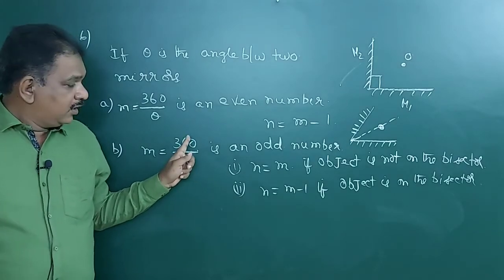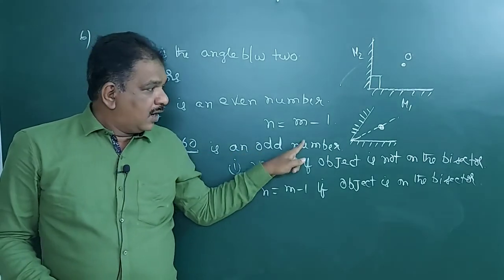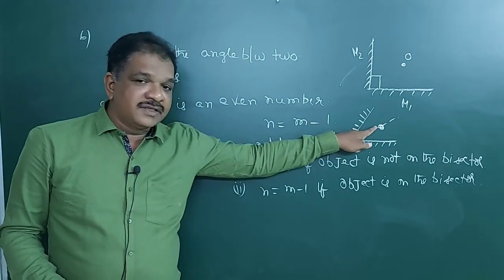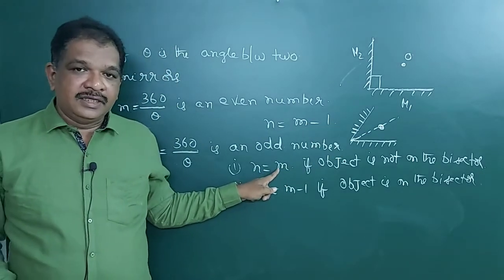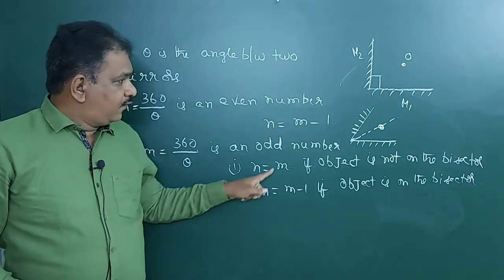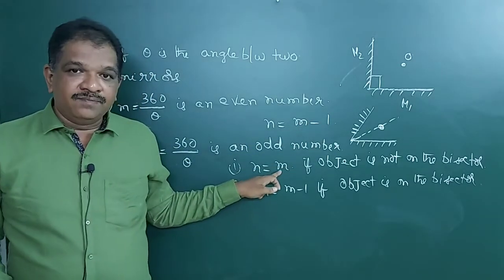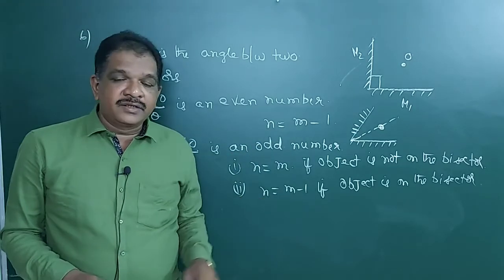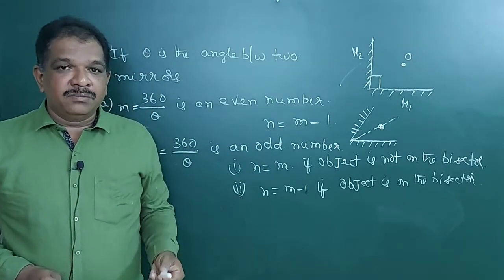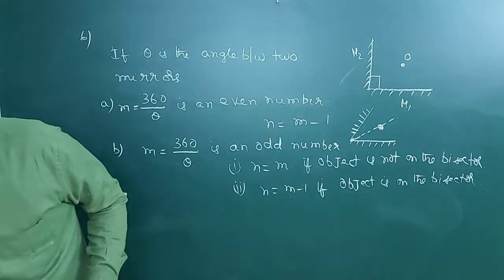So if 360 by theta is an odd number and the object is not on the bisector, the number of images formed is m. If it is on the bisector, then the number of images formed is m minus 1. Understanding? Like this questions will be there.